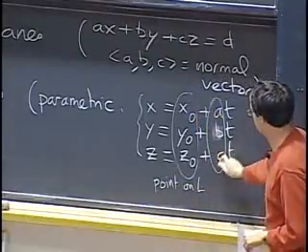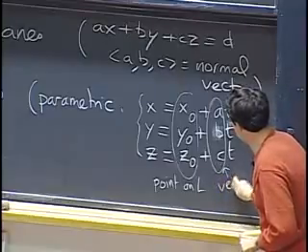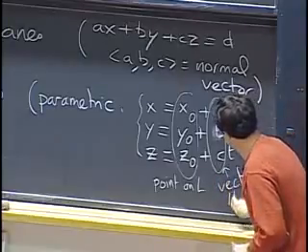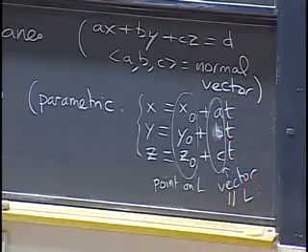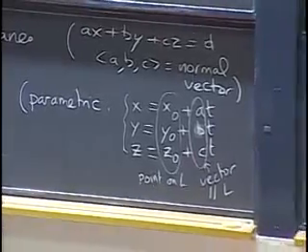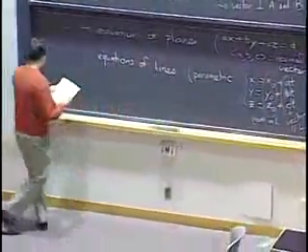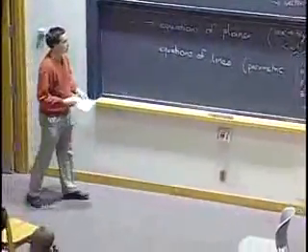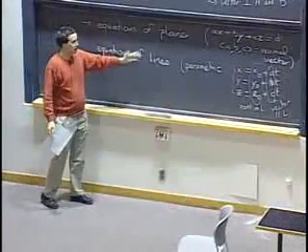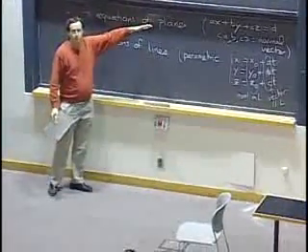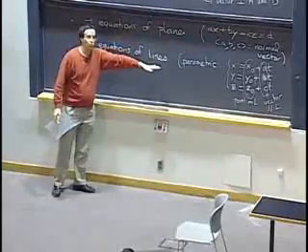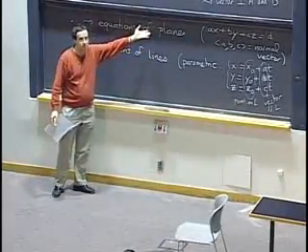And these coefficients here correspond to a vector parallel to the line. That's the velocity of the moving point on the line. And, well, we've learned in particular how to find where a line intersects a plane by plugging in the parametric equation into the equation of a plane.